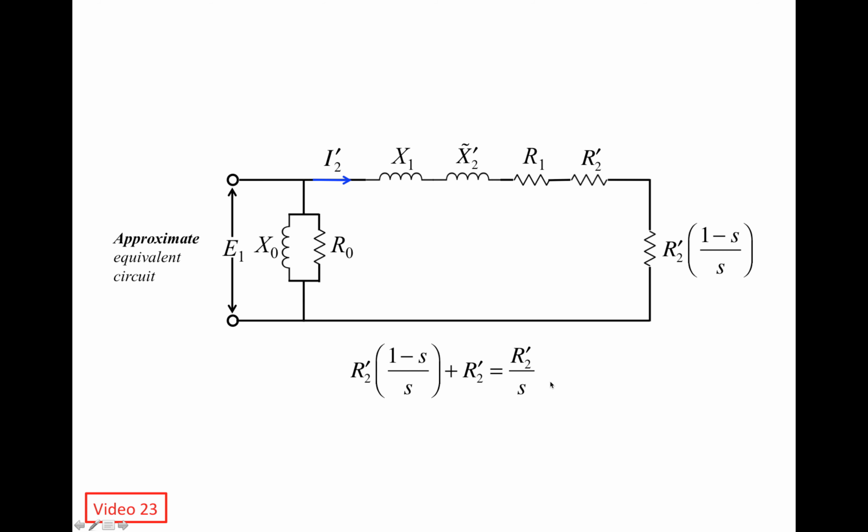So if the rotor speed is too high, the absolute value of this resistance becomes too low, and this current becomes too high. If this current becomes too high, then it may burn the generator.